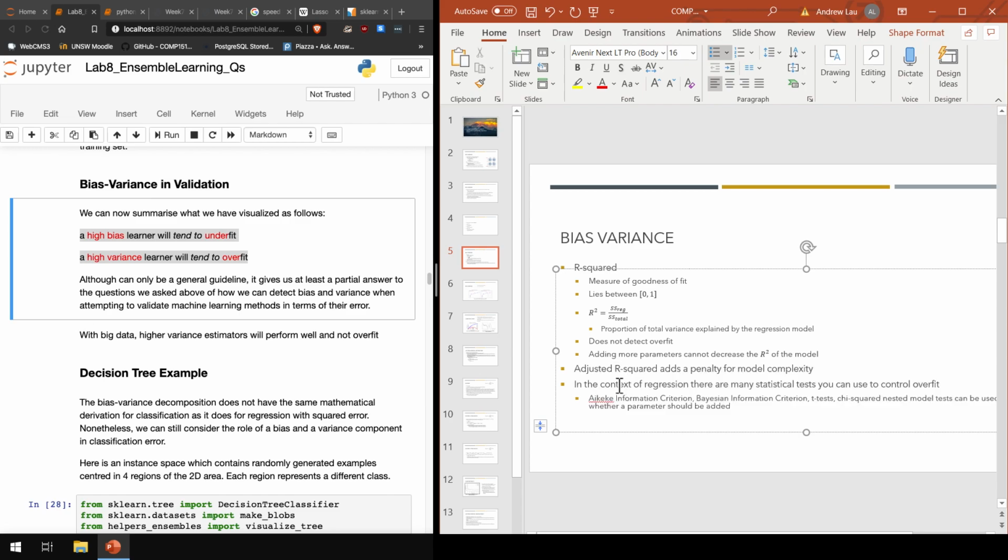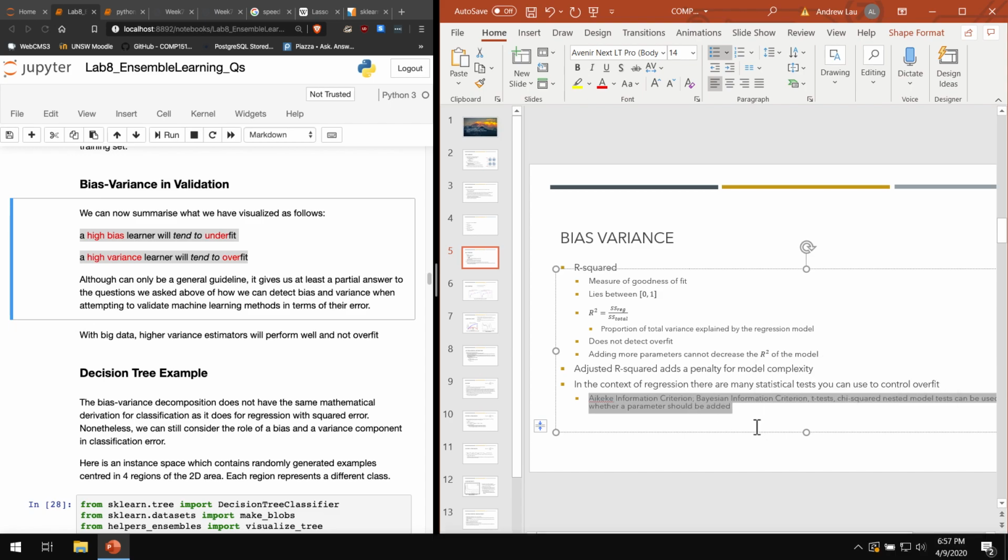There are a few ways you can pick up overfit. Obviously, there's the machine learning perspective, where we can use things like cross-validation and validation sets to detect overfit. From a traditional statistics point of view, there are other ways you can do it. There are statistical tests and measures you can use to detect it. But I won't bore you with this.